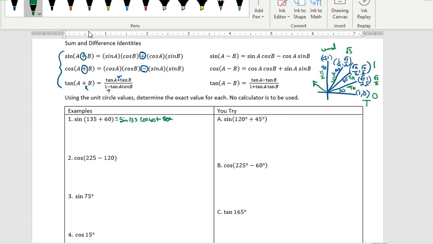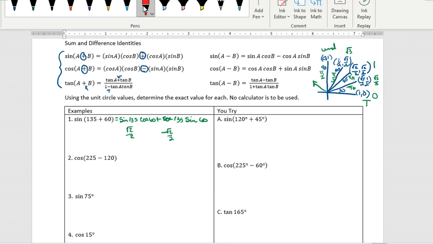Okay, cosine 135, sine of 60. So the way that you do this is you take the 135, which is the square root of 2 over 2, and cosine is square root of 2 over 2, except it's negative.